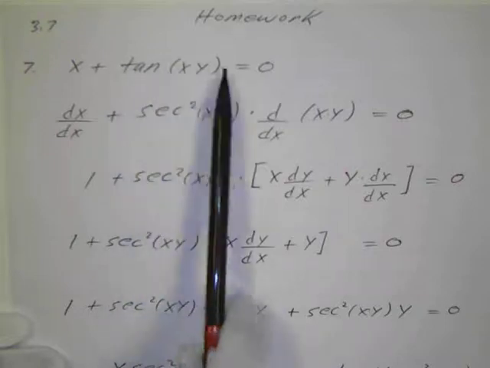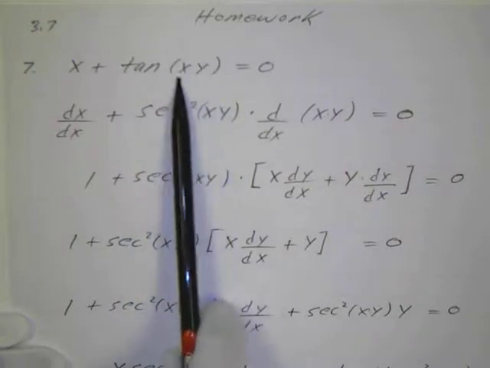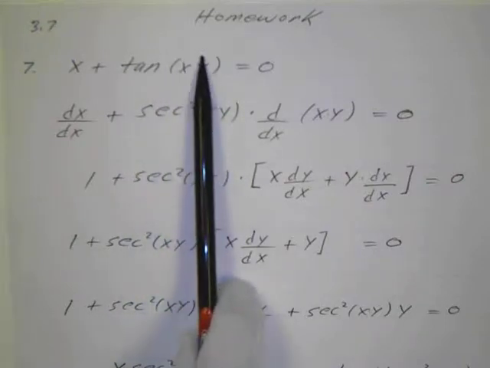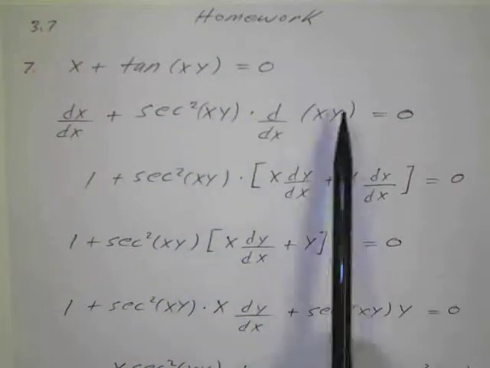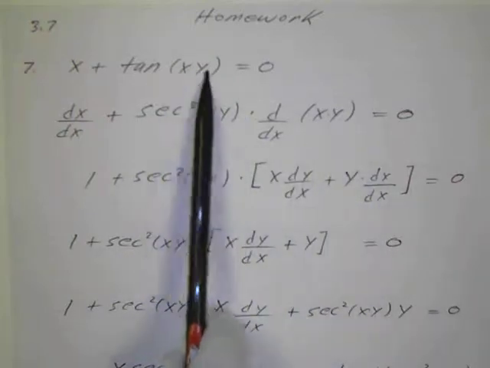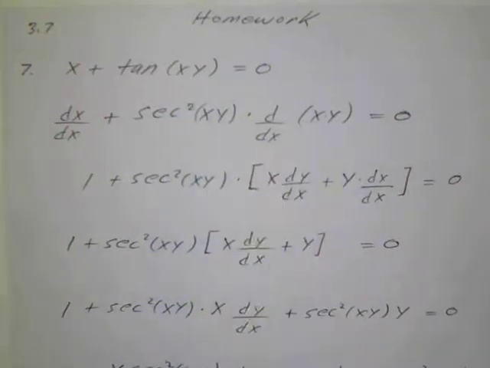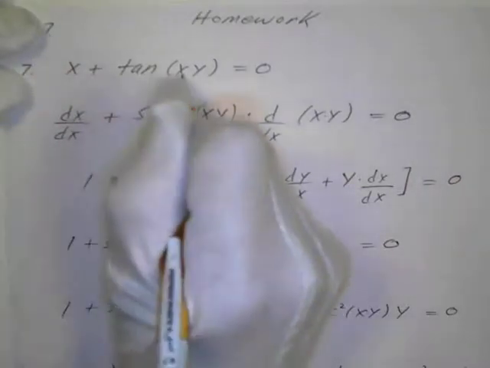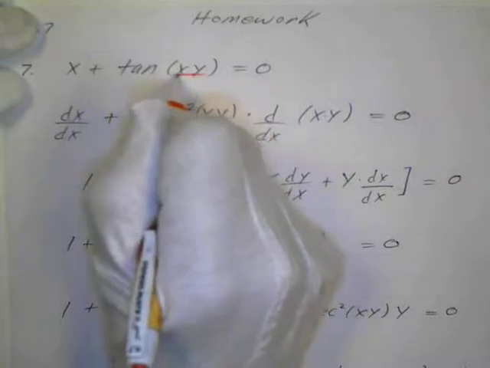Now remember, the derivative of the tangent of something, this is a chain rule issue, is the secant squared of that something times the derivative of the something. So this is my inside function here.